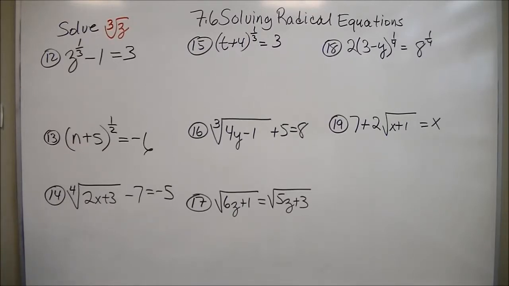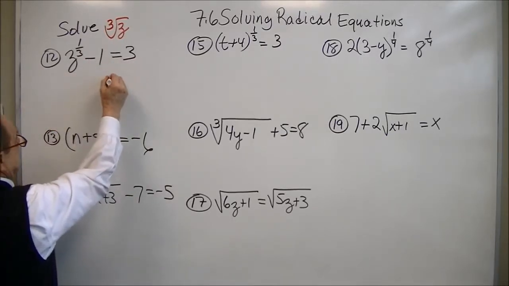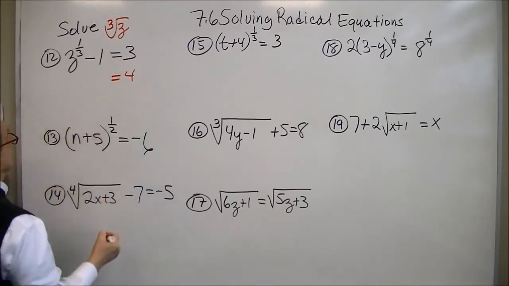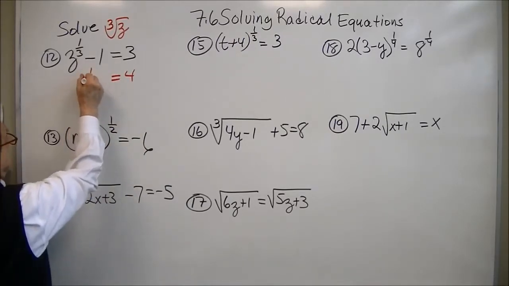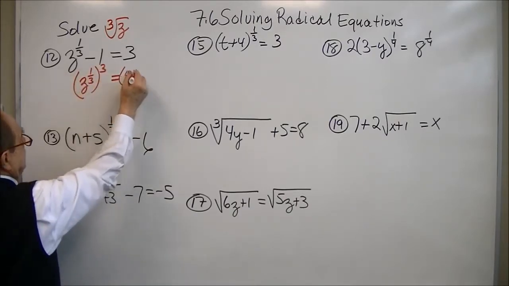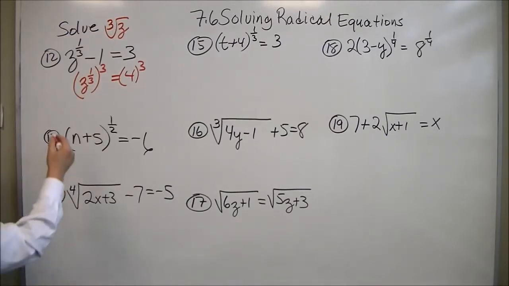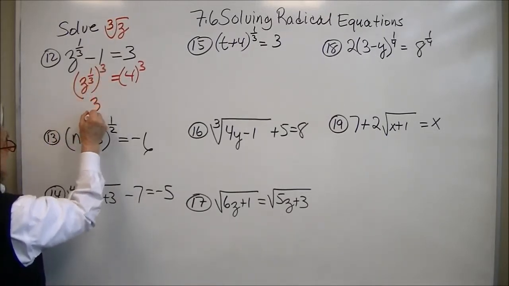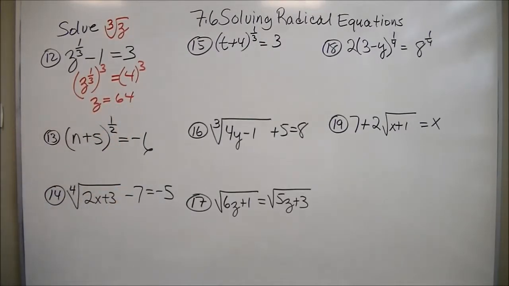But again, there is a protocol, so let's go through it. You want to isolate the z, so you're going to add 1 to both sides. So this then becomes 4, and you get then z to the 1/3 that you'll raise to the third power. And then this just becomes z equals 64.